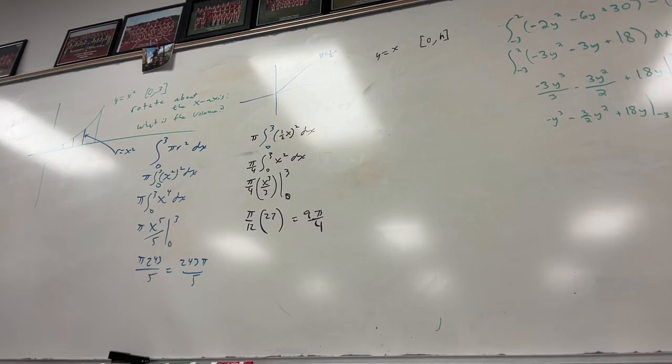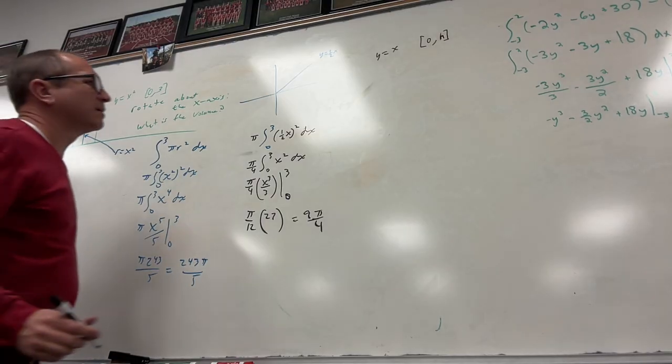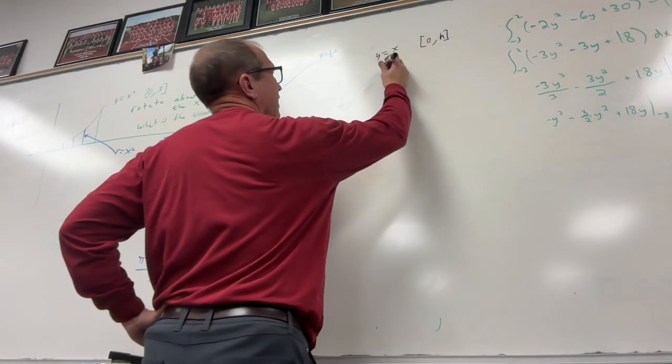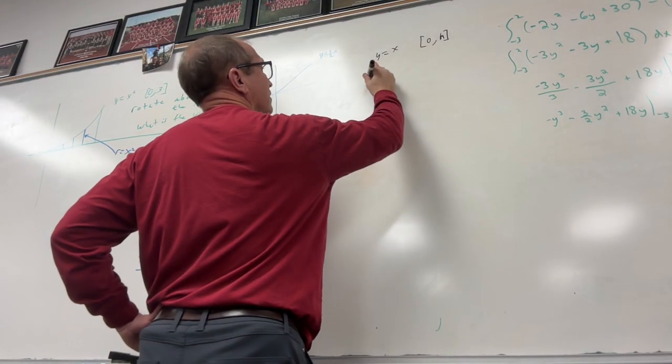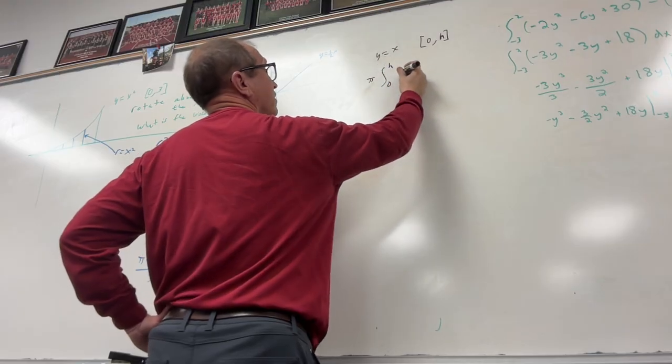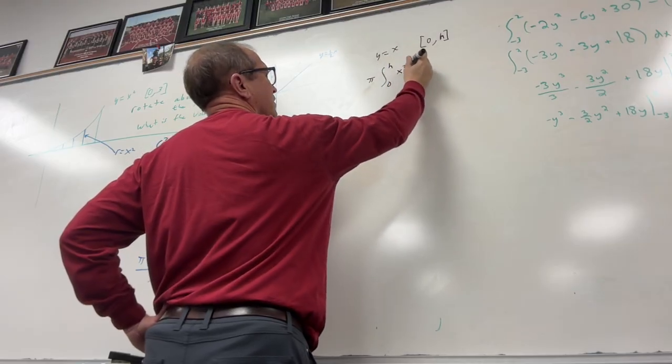Now, h is a constant. Okay, so this would equal to what? 0 to h of x squared, x squared dx, right?